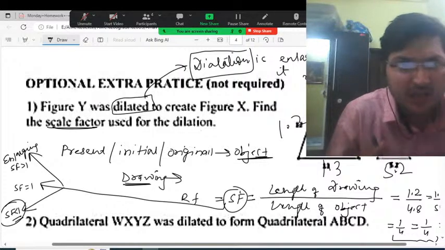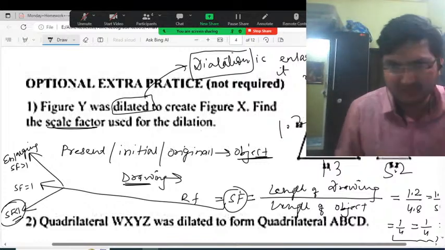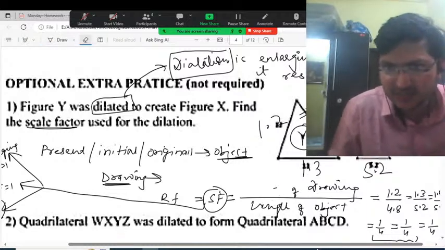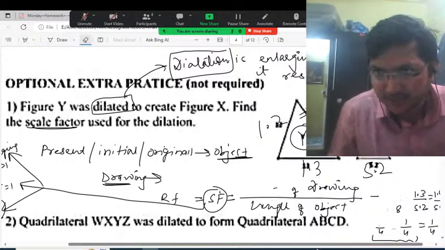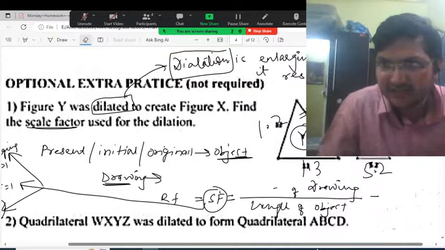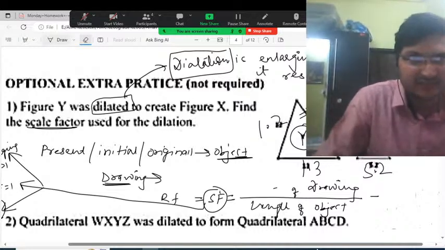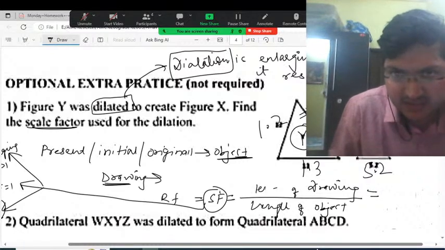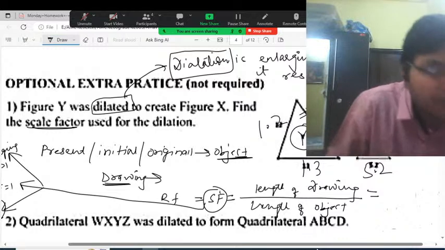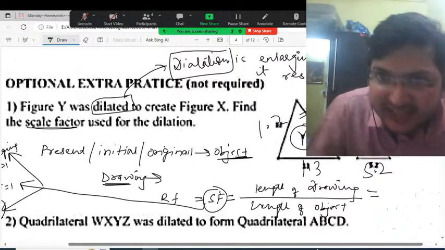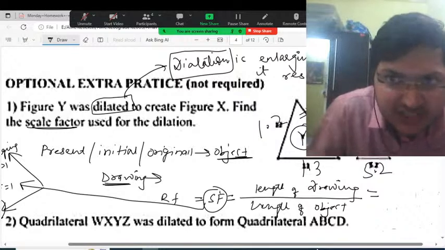Okay, one minute. I have not read it clearly, that's why it happened. Here you need to understand, the dilated figure is not this one. The dilated figure is actually the second one. That's what I'm thinking, that's why it is coming out to be less than 1. See, figure Y was dilated to create figure X. That means Y is your object, your original figure.